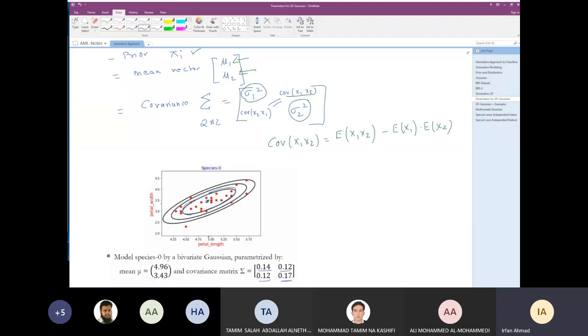Generally speaking, height and weight have a positive covariance, and the correlation is positive. The trend is the higher the height, the higher the weight, in general. So we also call it a positive correlation, and the covariance would be positive. Any question on this?